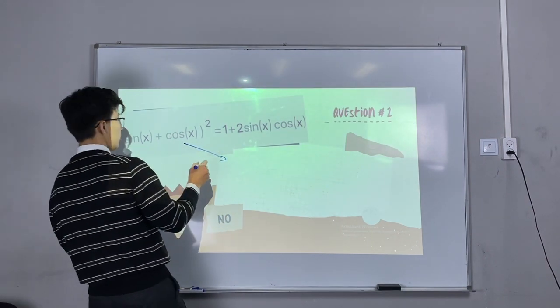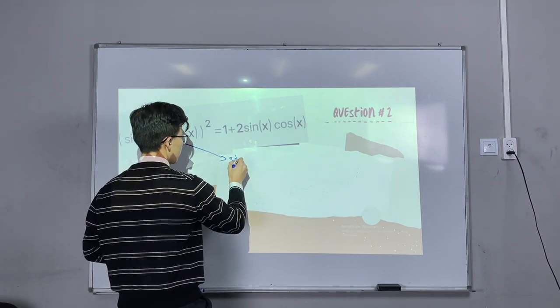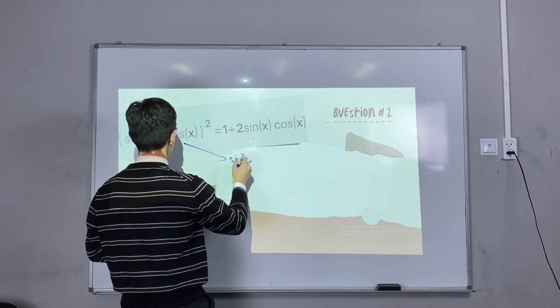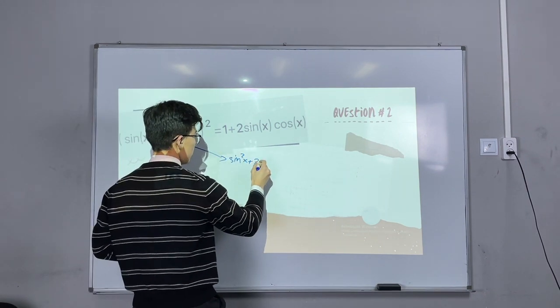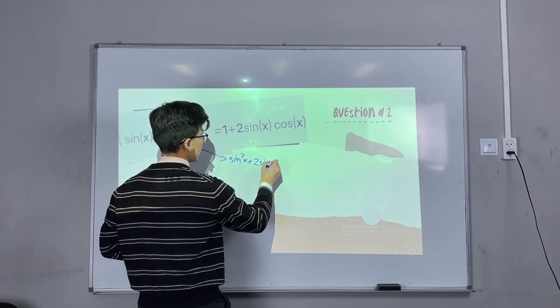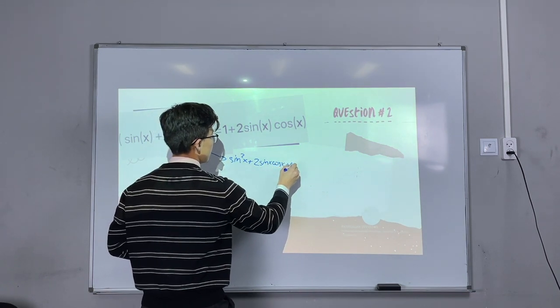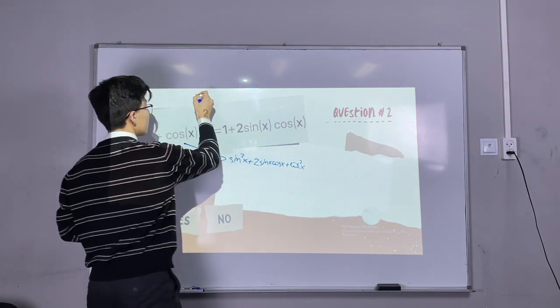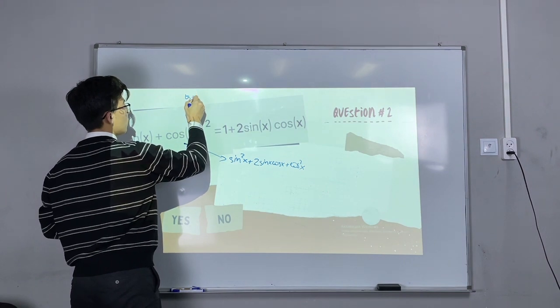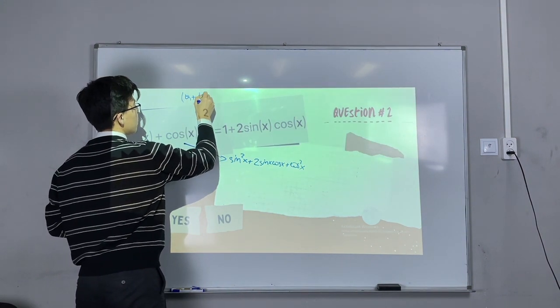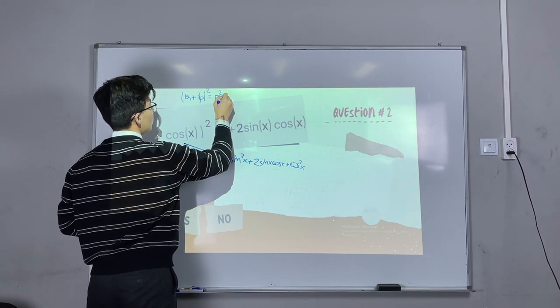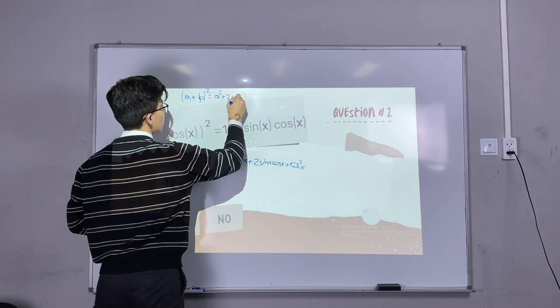sin x squared plus 2 sin x cosine x plus cosine x squared. By this formula, I'm pretty sure that you know this kind of formula.